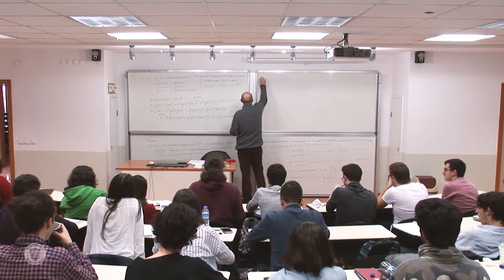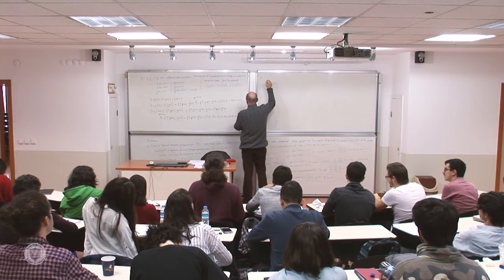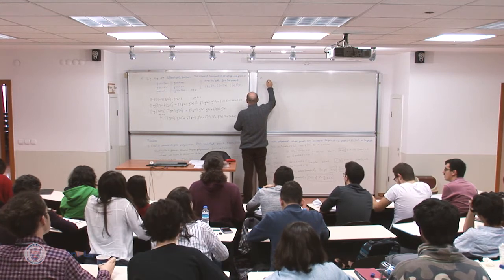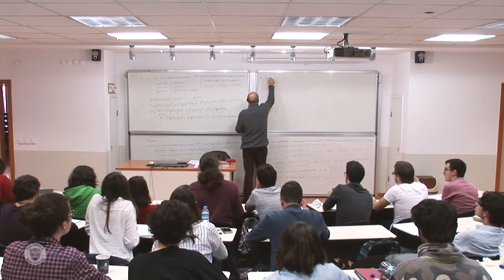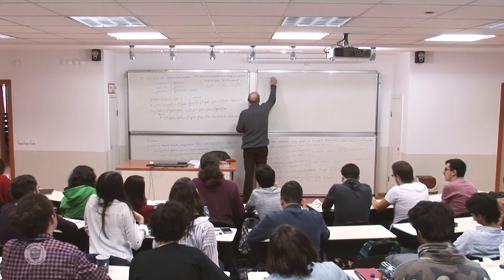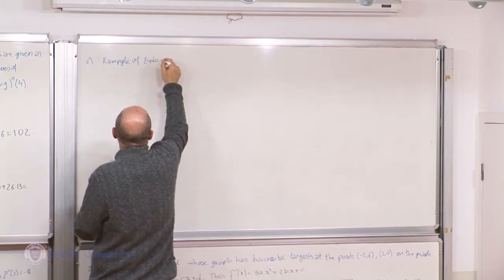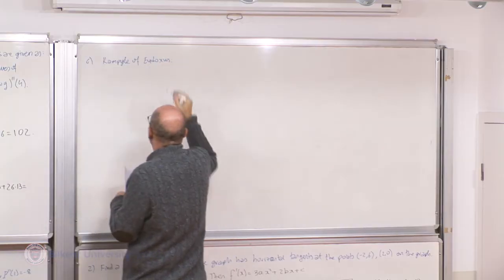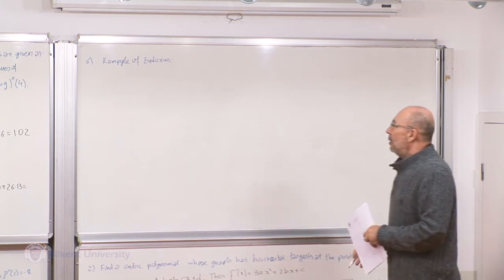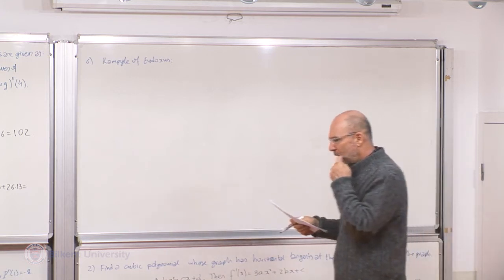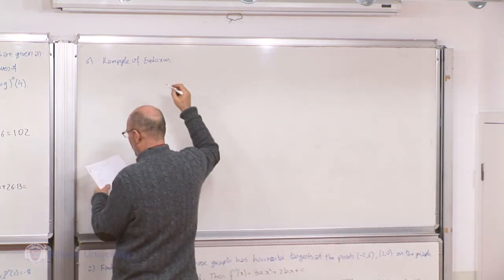Okay, problem 6 is the curve of Eudoxus. So the equation is this.